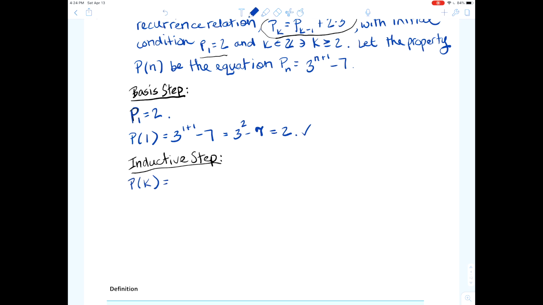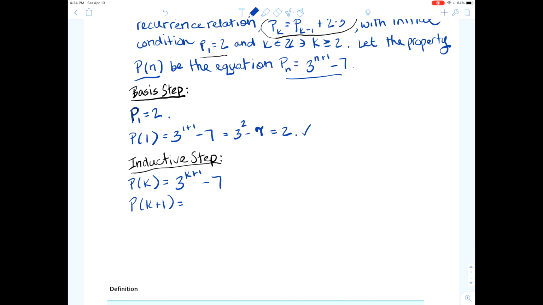P at k is going to be, remember we're using this, 3 to the k plus 1 minus 7. Good so far? So, what is P at k plus 1?